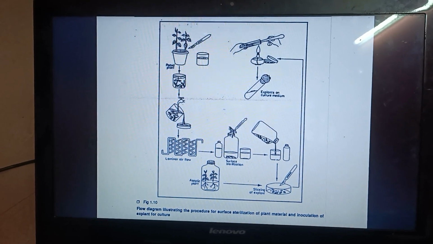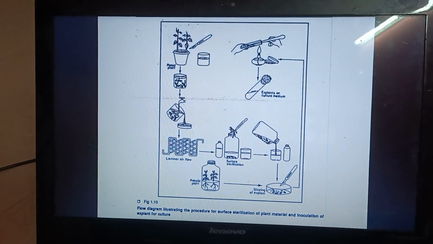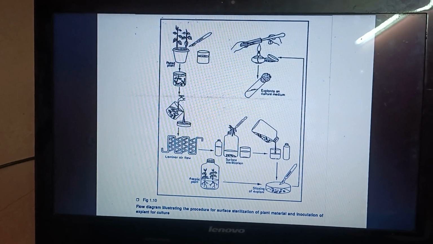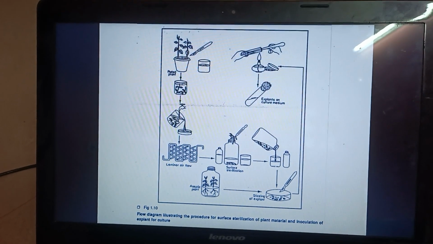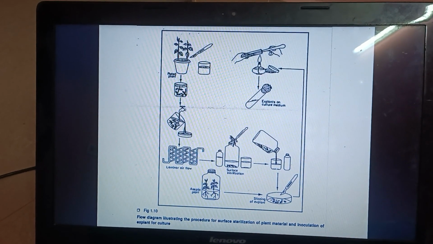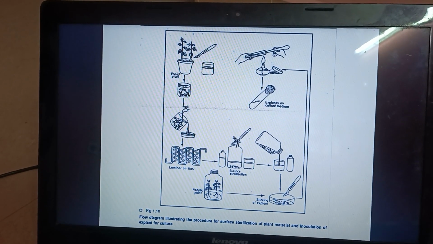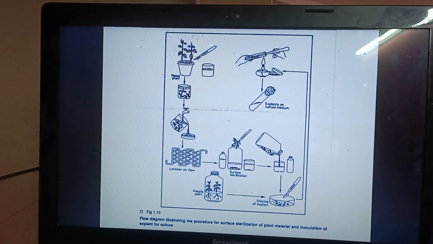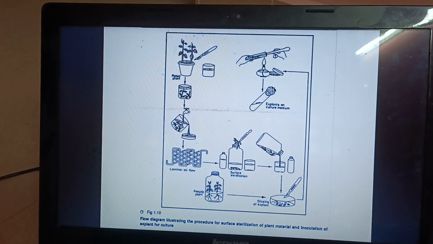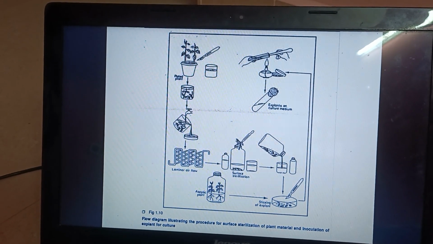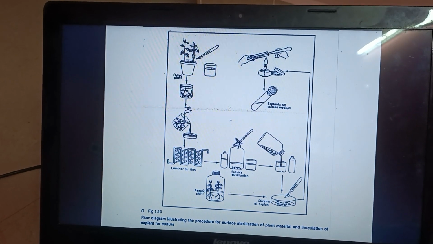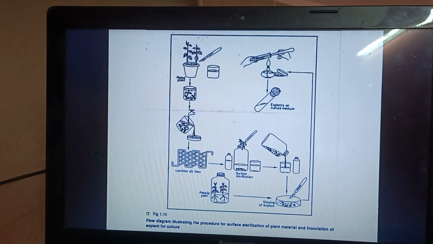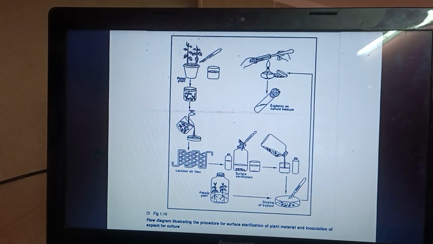If it is in excess or less, it will affect the callus growth. Definitely, it will affect. So each and every step should be careful, even incineration or handling techniques. Everything should be done with clear and thorough knowledge.